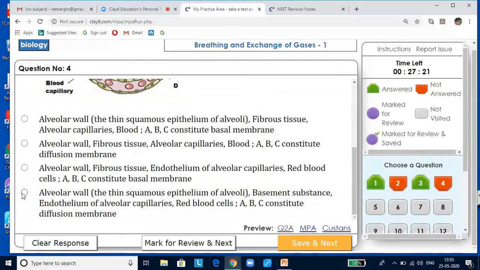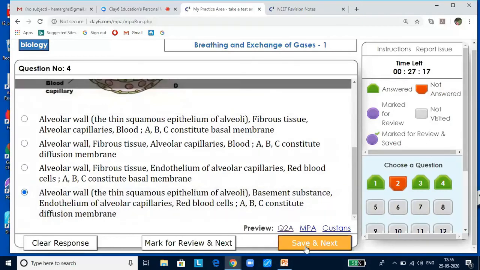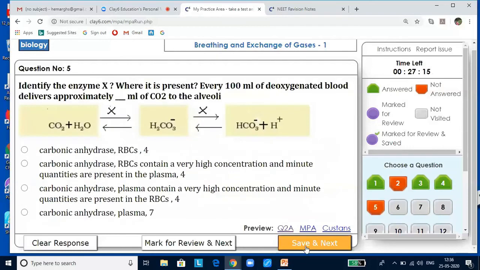A, B, C constitute the diffusion membranes. Identify the enzyme X. Where is it present? Every 100 ml of deoxygenated blood delivers approximately dash ml of carbon dioxide to the alveoli.